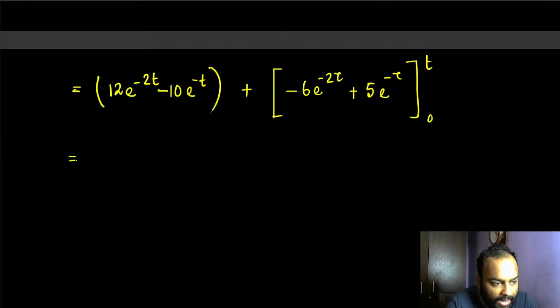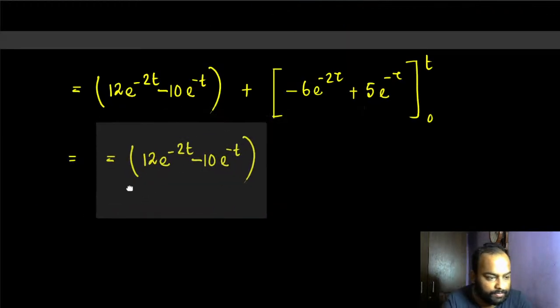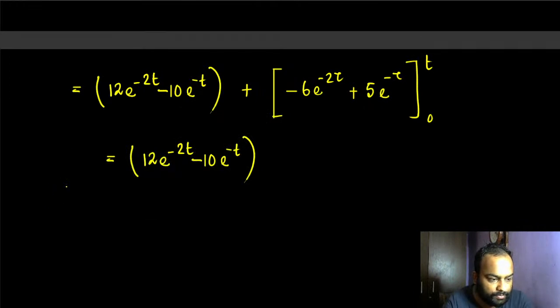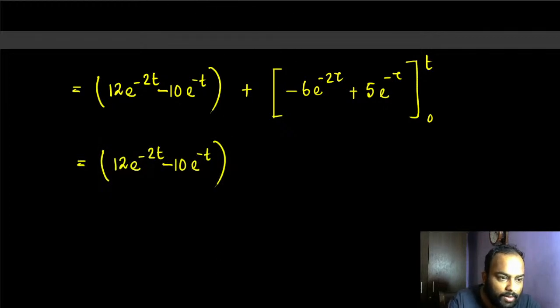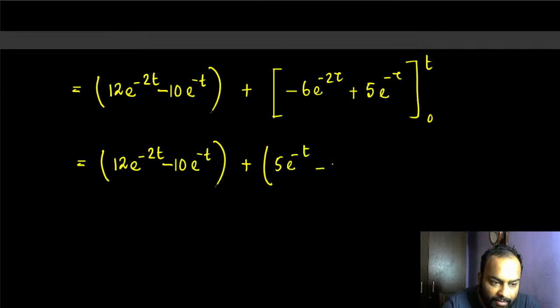All right. And that's equal to plus. Now obviously put t and then put 0. So when I put t, I get 5 e to the power minus t minus 6 e to the power minus 2t.